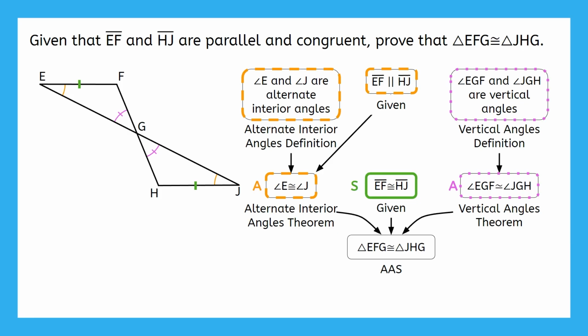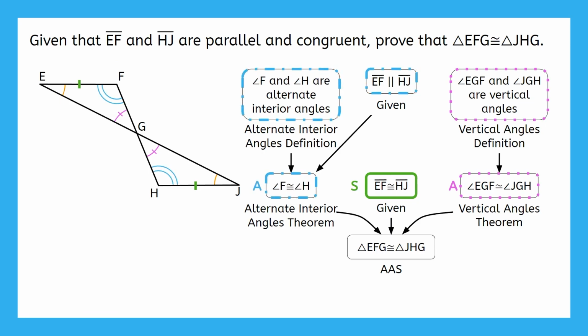As always, make sure you're stating each of your definitions for your angle pairs before your congruences. Then the three congruences lead to the triangle congruence by angle angle side. We can tell that it is angle angle side because our side congruence is not the included side between the two angle congruences. 2 methods down, 1 to go.